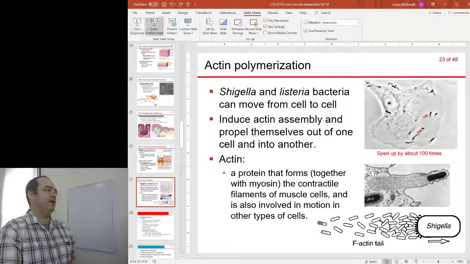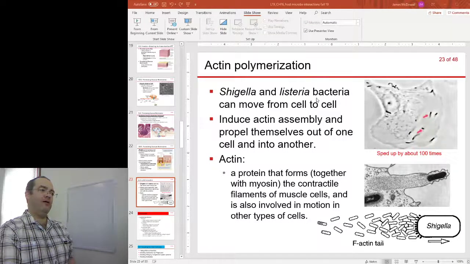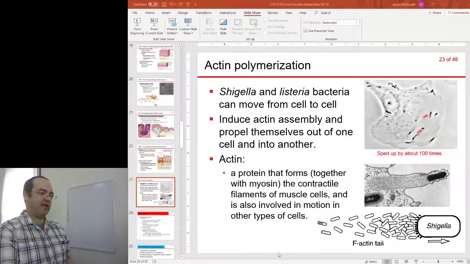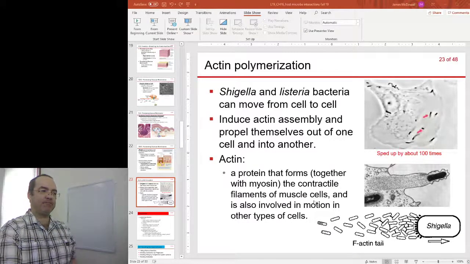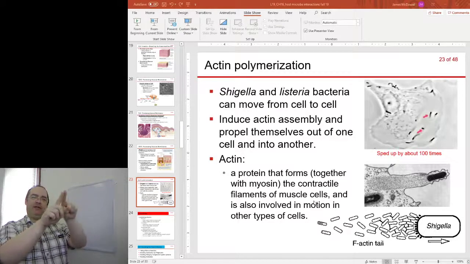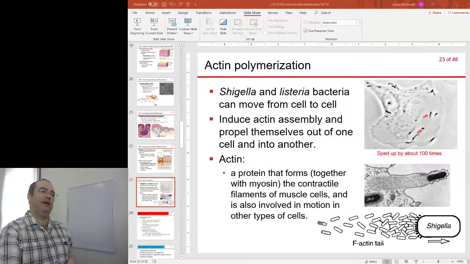And if we look at our Shigella and Listeria bacteria moving around inside the cell, now this is sped up, but you can see that through this process of what's called actin polymerization, these bacteria can propel themselves around inside a cell.